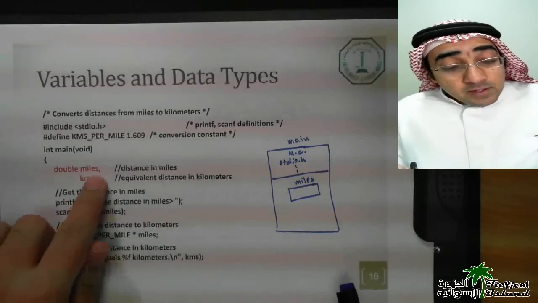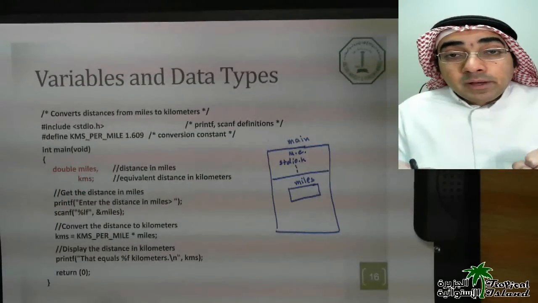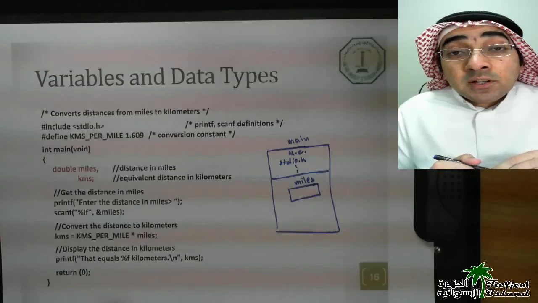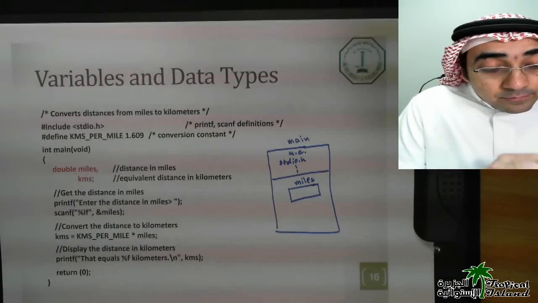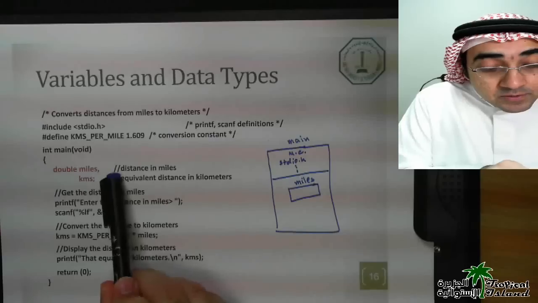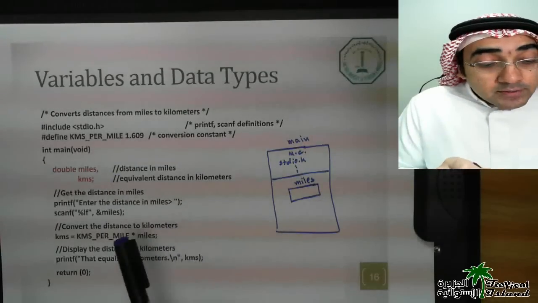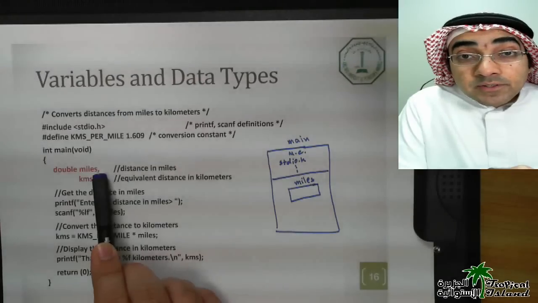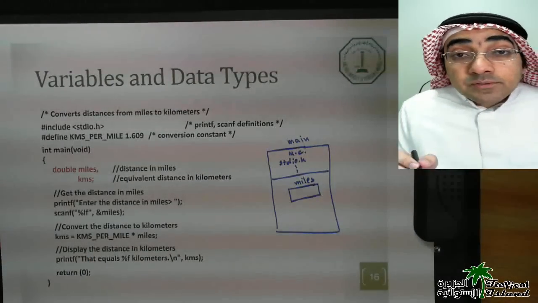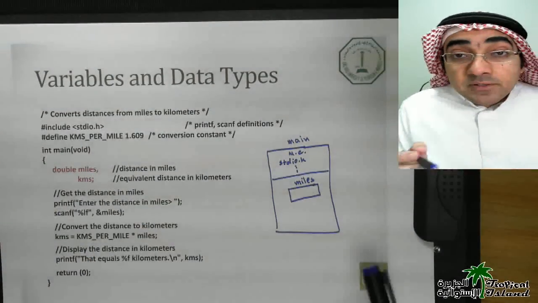Okay, now notice over here I have a comma, and comma means that there is still more things coming. So for us as humans this is one line, but for the compiler the instruction didn't finish. We're still going on the same instruction until we reach a semicolon. So a comma doesn't indicate an end.